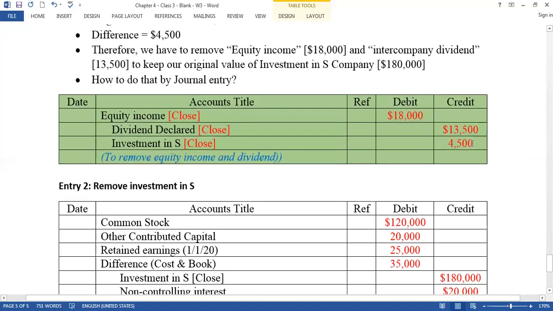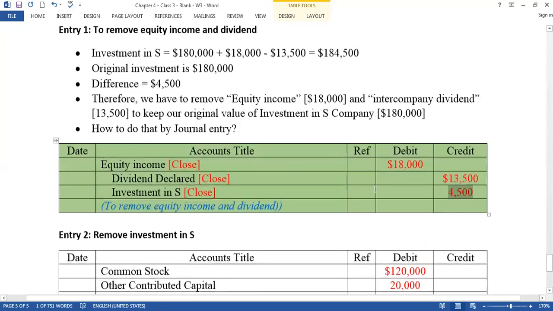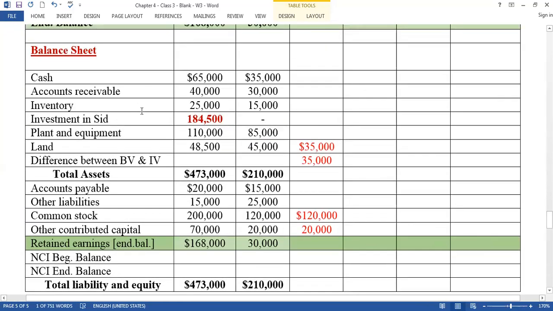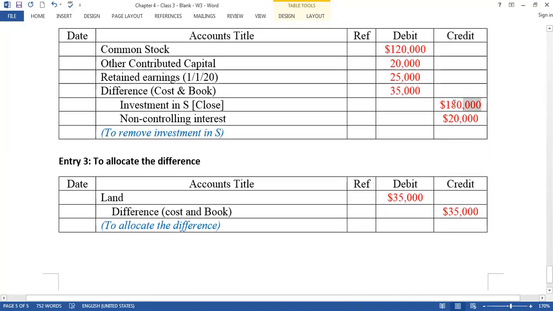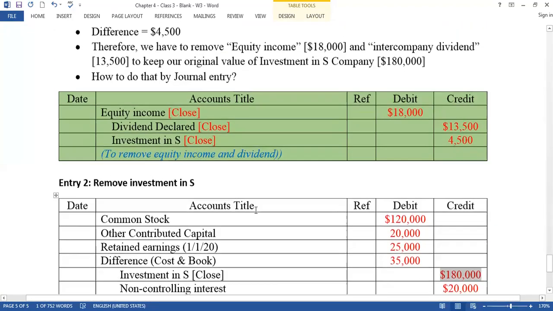Then we have 4,500 investment in subsidiary credit. This is investment in subsidiary, 4,500 credit. Then we have $180,000 investment in subsidiary credit, right?